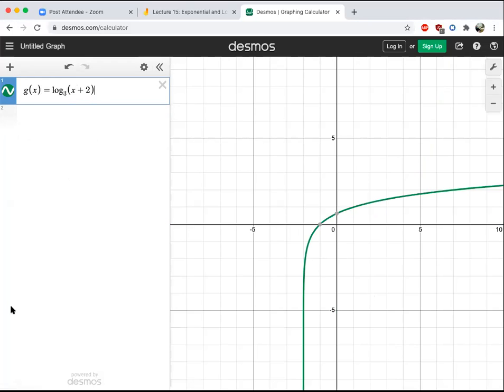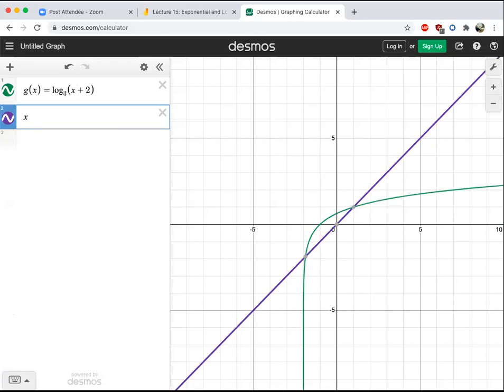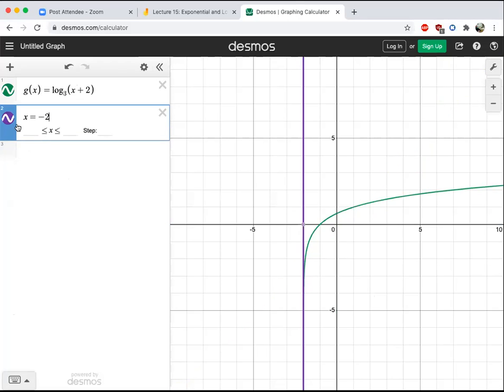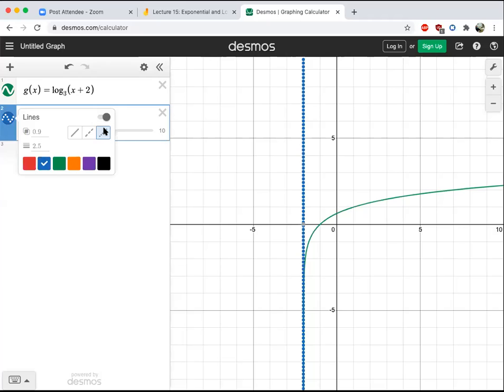And there's our function. Now we know that the vertical asymptote is going to be -2. I can already see that. So I'm going to type in x is -2, and I'm going to change it to a dotted line. So that green function will never cross that blue dotted line.